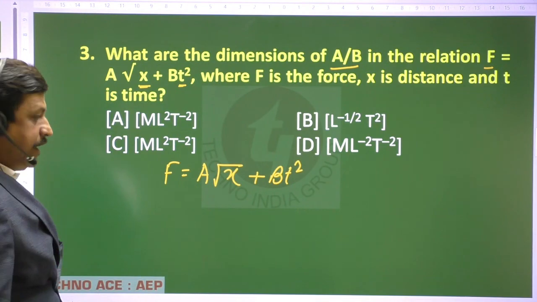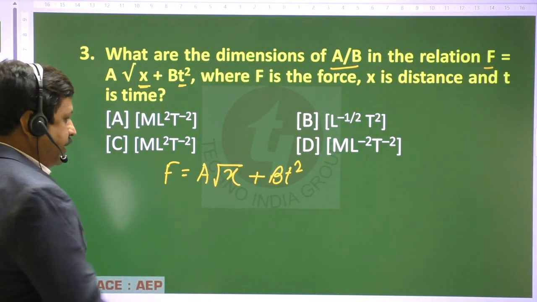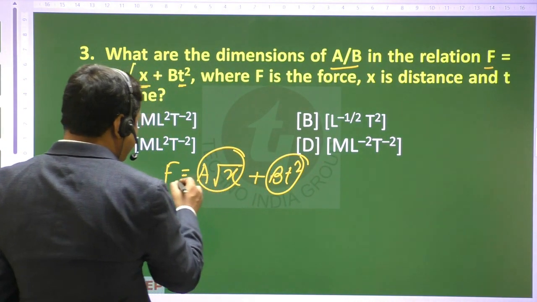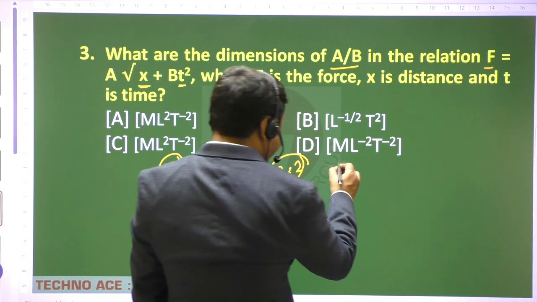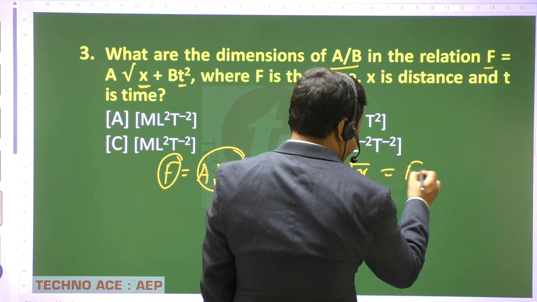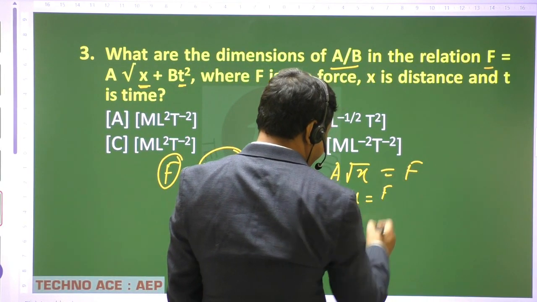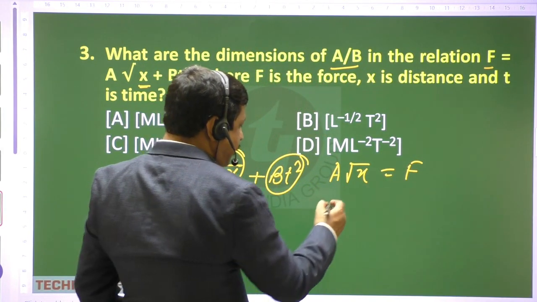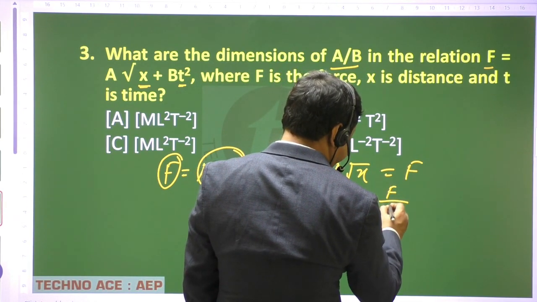You know that there is a summation of these two terms, so each term has the same dimension as F. That means A root x has the same dimension as F. So A will be F by root x.